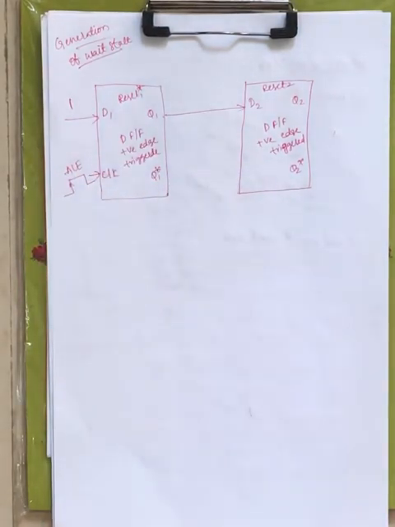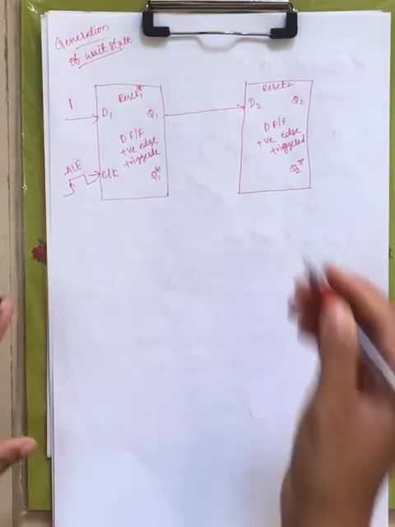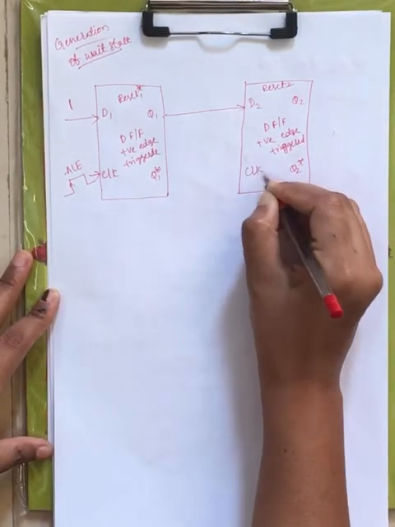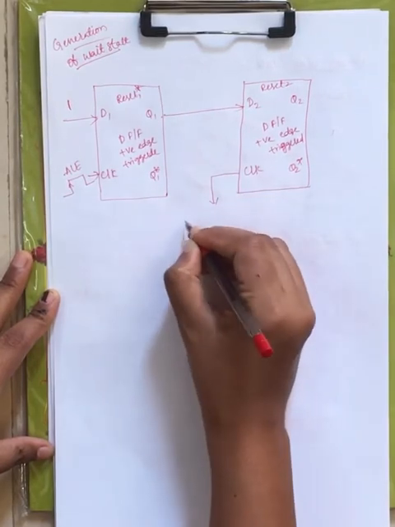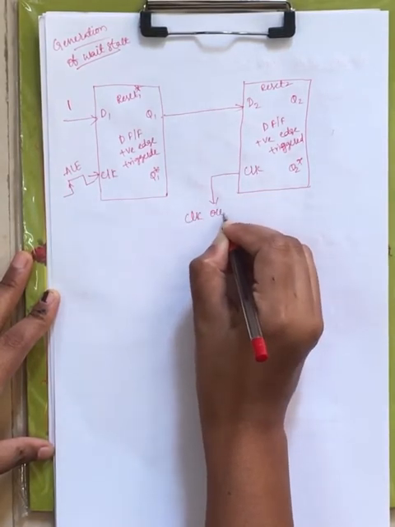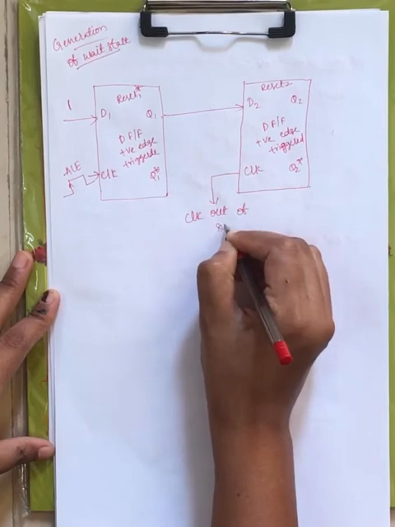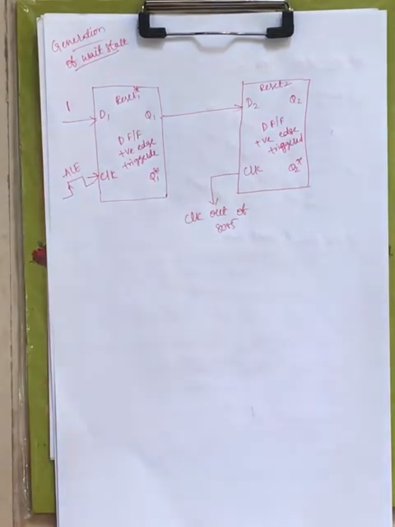The address latch enable signal is connected to the clock of the first D flip-flop. Here also you will have a clock signal. To this we are connecting the clock out of the 8085. The internal clock generated in the 8085 is connected to the second D flip-flop.